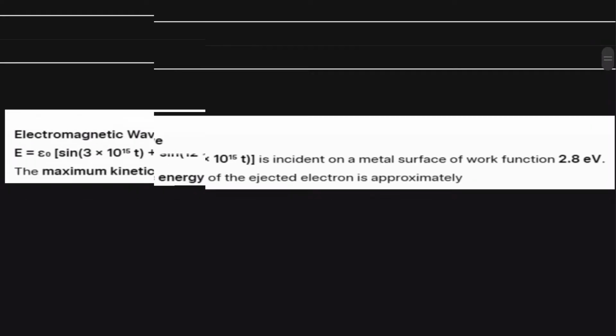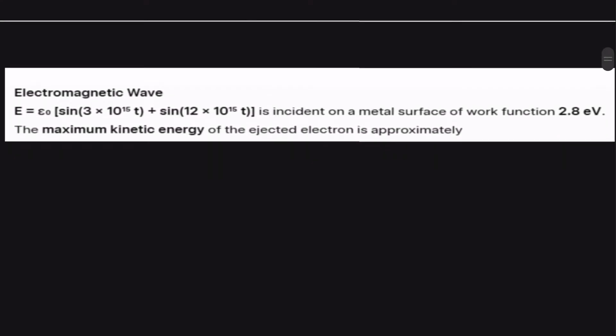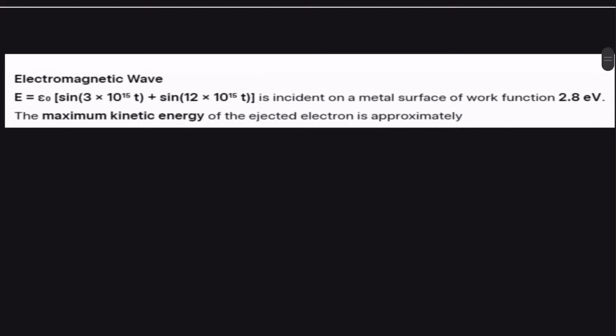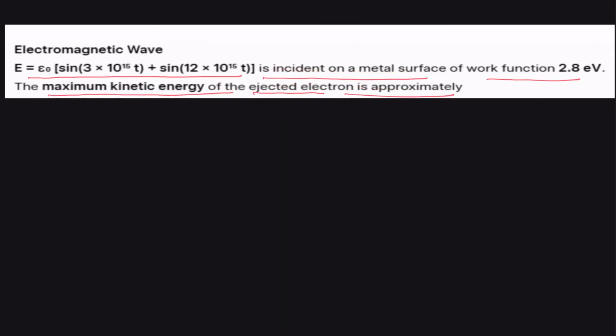Next question was from electromagnetic waves, and it states that an electromagnetic wave, which is governed by the equation, is incident on a metal surface of work function 2.8 electron volt. The maximum kinetic energy of the ejected electrons is approximately. So let us write the given equation.